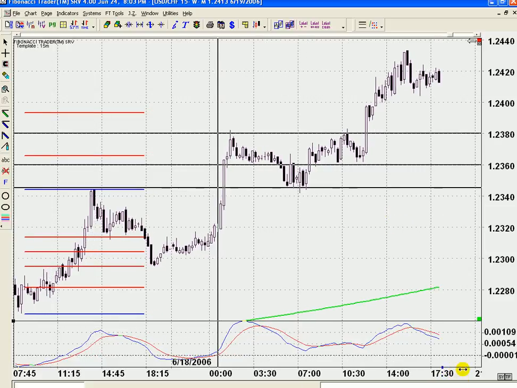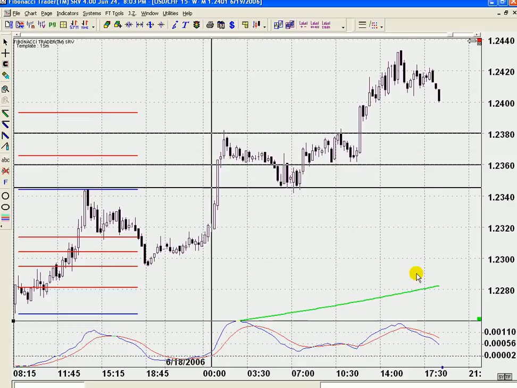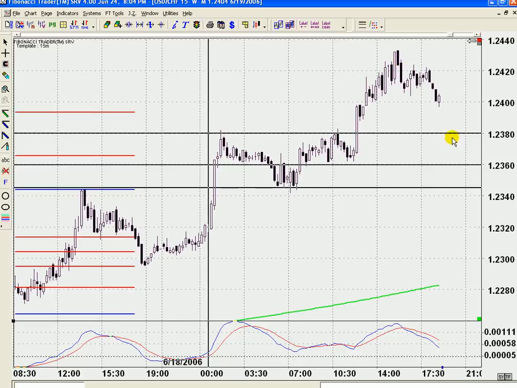We are now getting later in the day, and as the Asian session starts to trade, then we will see price retrace. It's unlikely to make a new high. Our first level that we want to look at is down here at 2380.